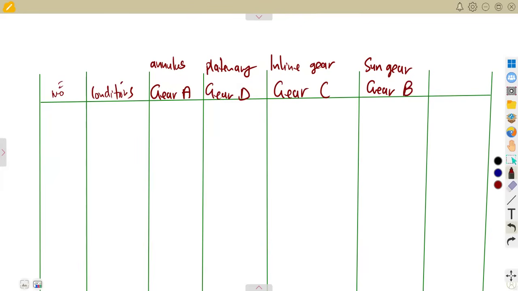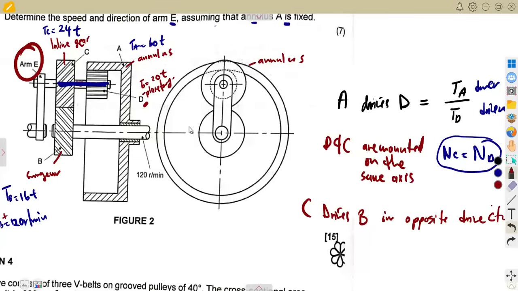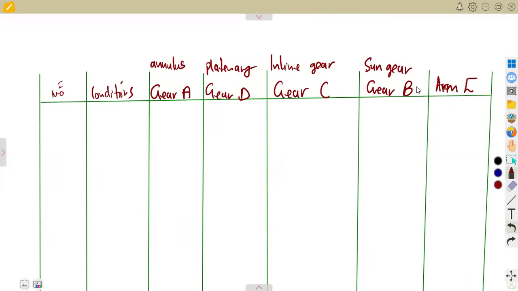And lastly, the arm is to be considered, and the arm is referred to as the arm E. That is the case: the annulus to the planetary, then the inline gear if there is one, then the sun gear.